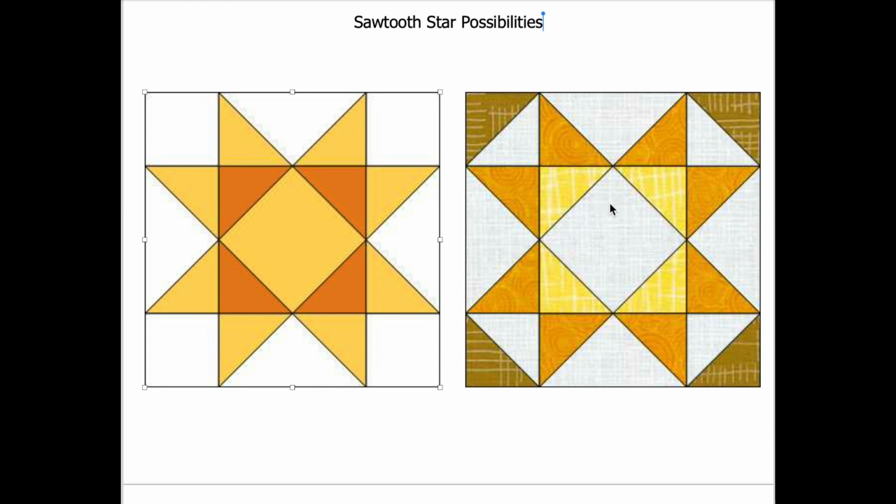You can also do that same design with a square in the middle and color it a little differently, and perhaps even put an extra triangle piece here. A 1/2 square triangle would work in these corners, and you have a totally different look to the block.